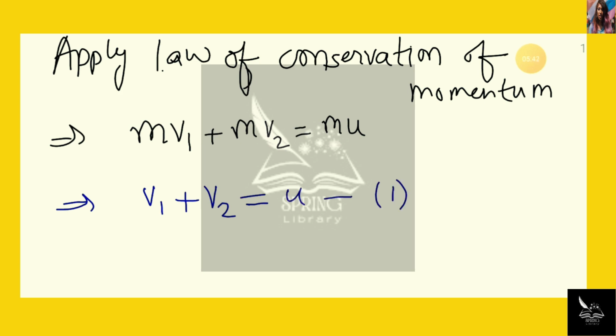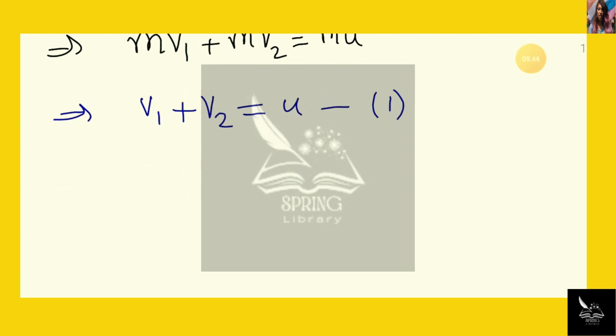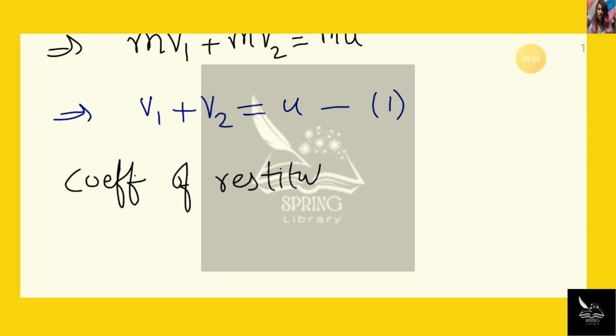Now the next step is to write the coefficient of restitution. So the coefficient of restitution will be written as e is equal to v2 minus v1 divided by u1 minus u2.